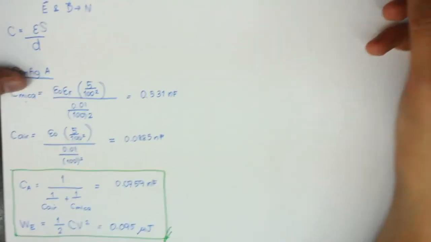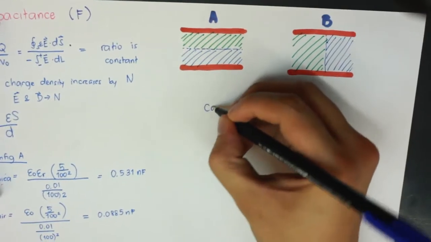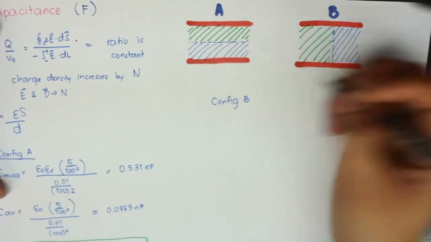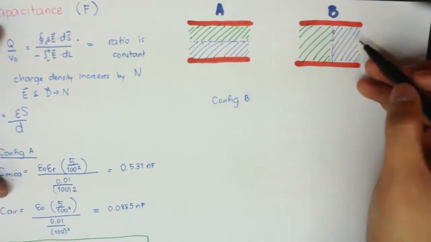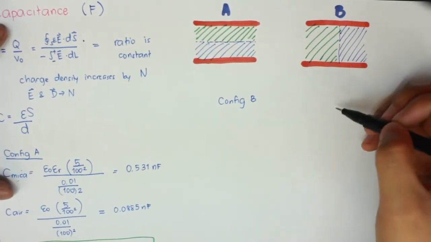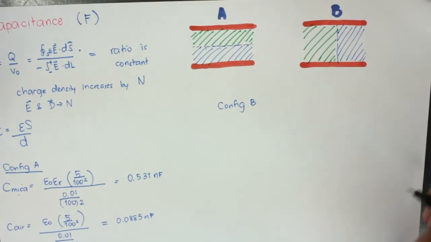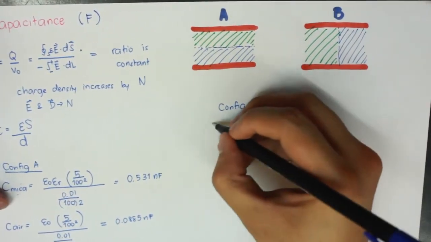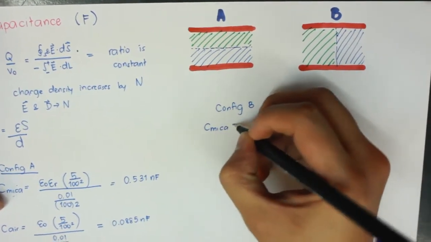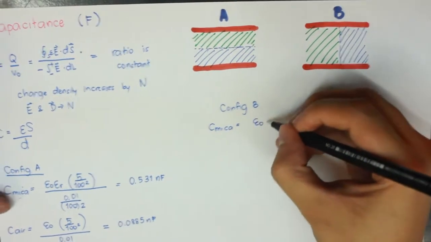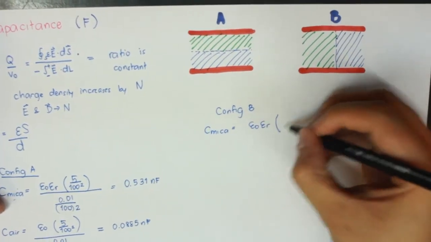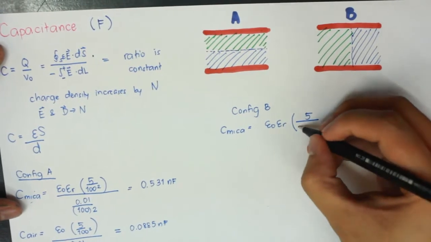And now, we move on dun sa configuration B. Then again, kunin lang natin yung individual na capacitances, tapos saka lang natin i-apply yung parallel capacitances. So, let's see Mica. That's epsilon naught, epsilon r, 5/2.